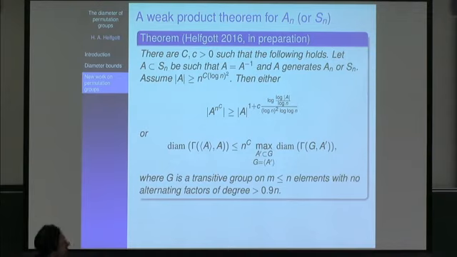Instead of having that A cubed, A times A times A, is larger than A, I have that A to a power that is n to a constant is larger than A. And by larger, I don't mean A to the 1 plus delta, but rather A to the 1 plus something that goes to 0 really slowly. It's larger than 1 over log n squared; in practice, it's like 1 over log n.